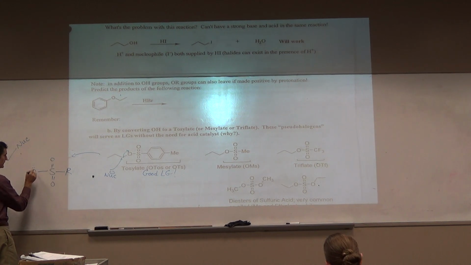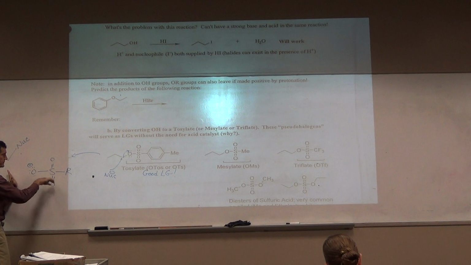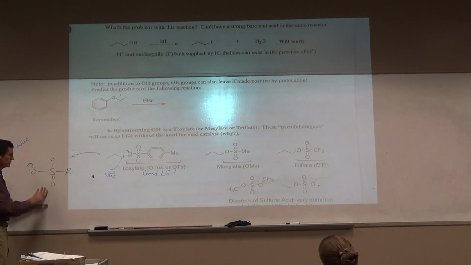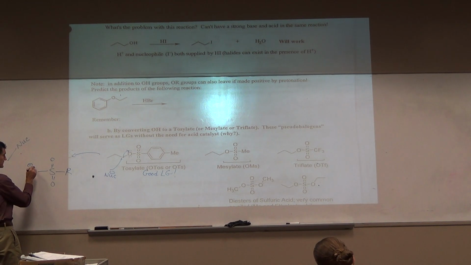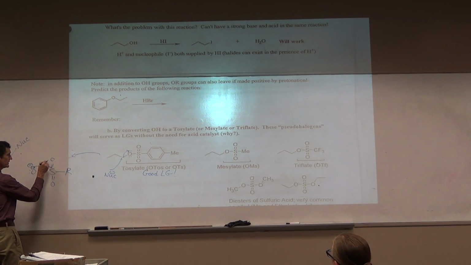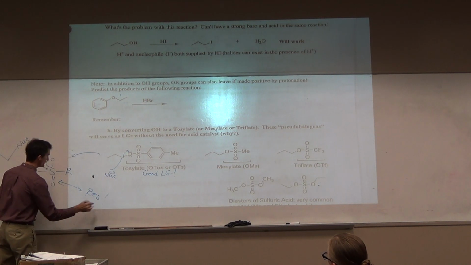Okay, when that leaves, what's the charge of the oxygen? Minus, right? There are 2 lone pairs here when that leaves. Good leaving group. Why is it such a good leaving group? Any argument we can make? The fact that it leaves implies that it's stable. Why? Yes, it is resonance stabilized. We can do resonance, electrons in, move these up. And we can start drawing resonance structures.